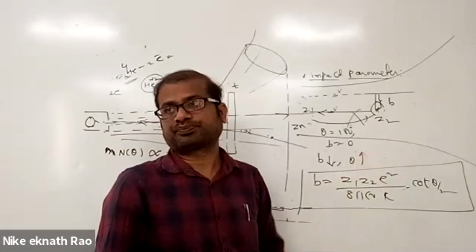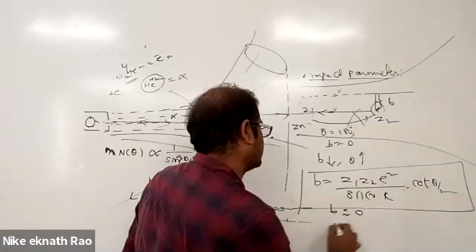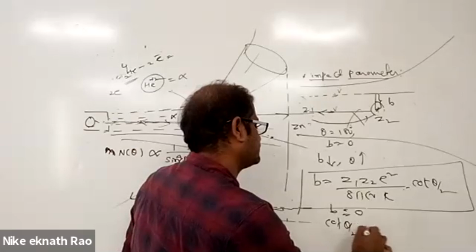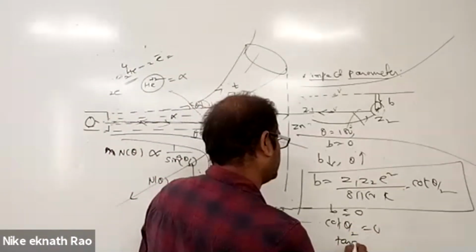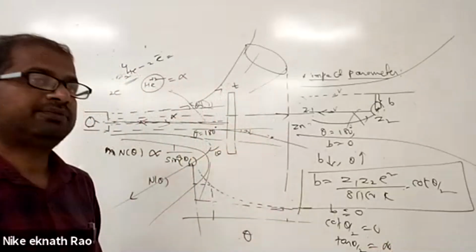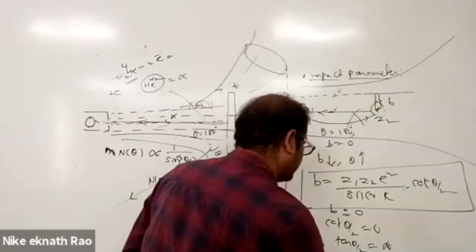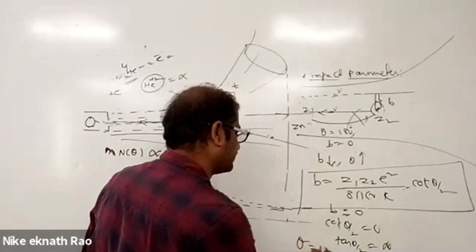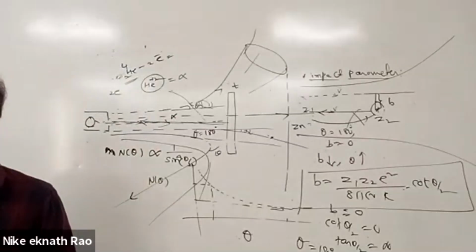Yes or no? So tan theta by 2 is infinity. Tan infinity is for what value? 90 degrees. So theta by 2 is 90, so theta I will get as 180 degrees. So the impact parameter is 0 for an angle of scattering of 180 degrees.